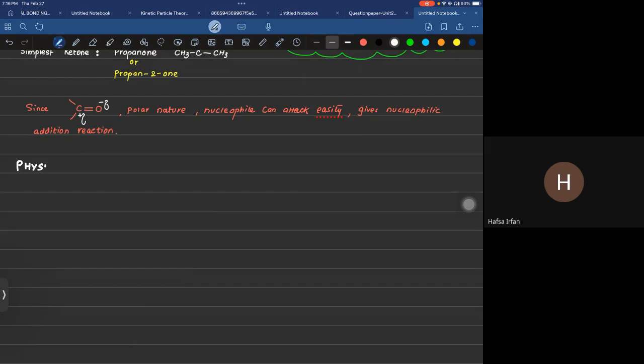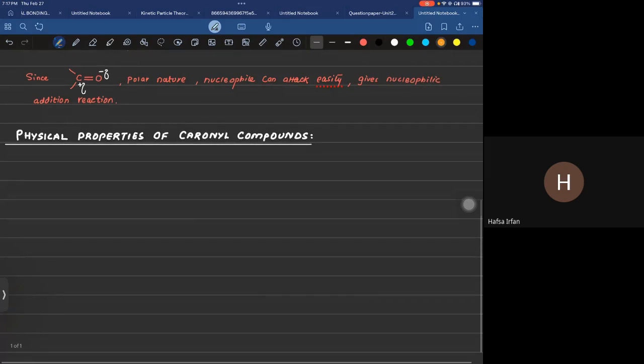Physical properties of carbonyl compounds. First of all, we discuss their boiling point and, you can say, melting point. What should be the boiling point of this?